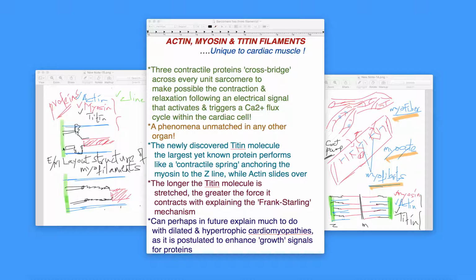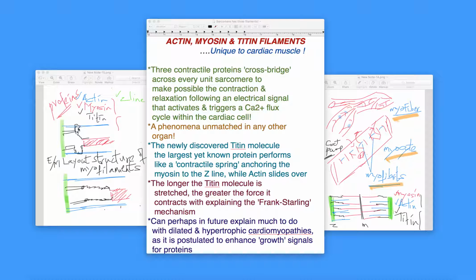And each cardiac myocyte will have these actin, myosin, and titin filaments, if you will, anchored like in this fashion. Now, what happens is the actin, which is the thin filament, and the myosin, which is the thick filament, slide in this direction and this direction, so that there is a crossover, and these are called cross bridges.